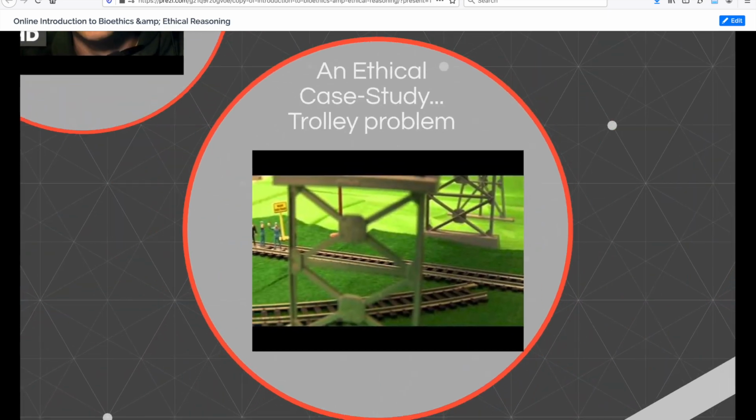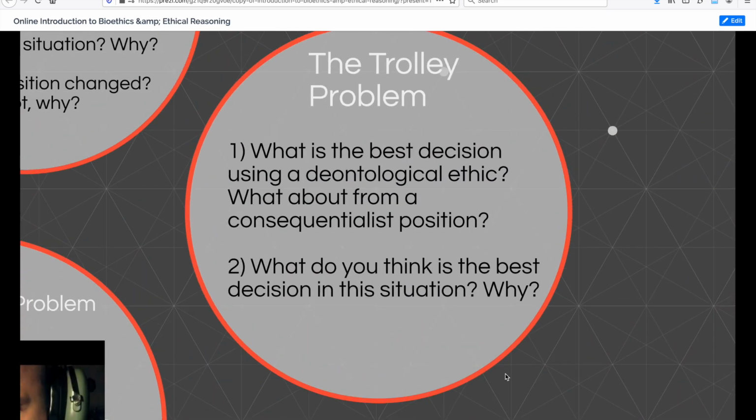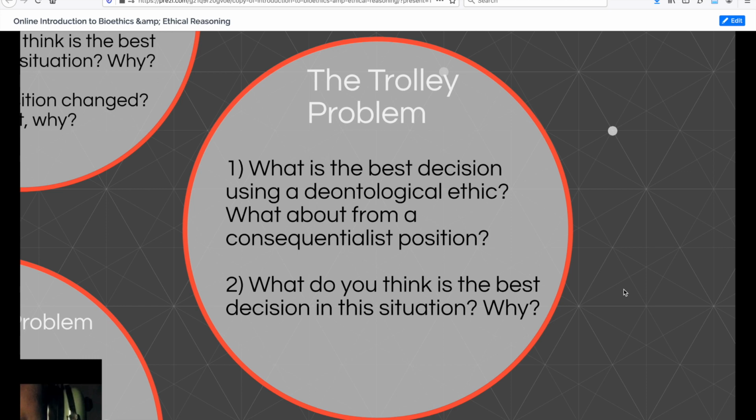Okay, so that is the trolley problem in a nutshell. Do you allow the train to go barreling down and harm the 4 people who are stuck on the track? Or do you pull the lever, and then have the train switch tracks so that it will hit 1 person, but you'll be saving 4? So I prompt you to answer this question.